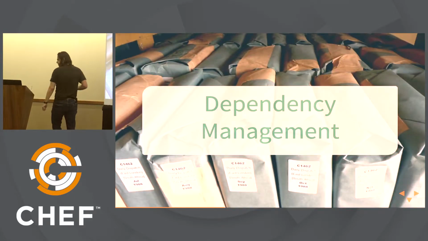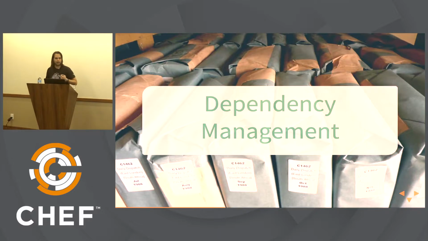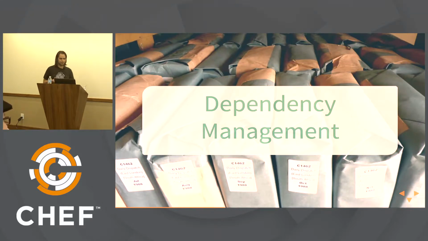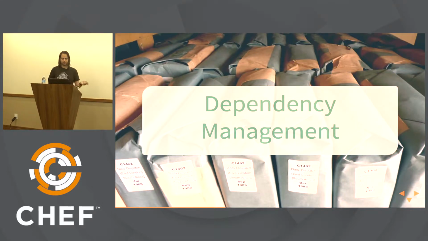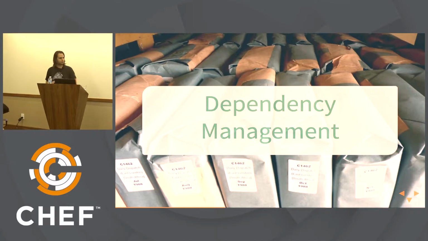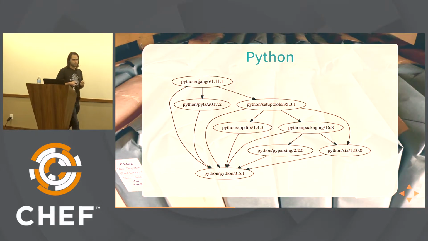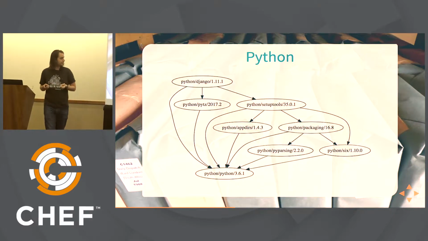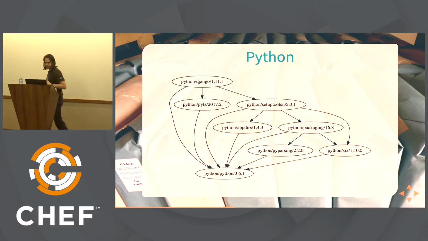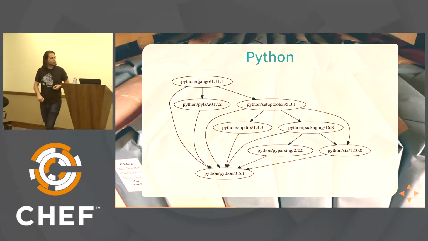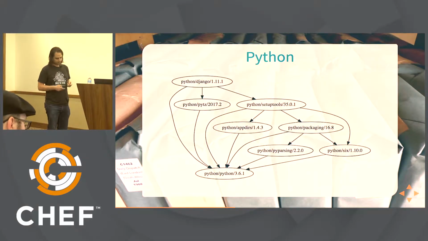Now, the first thing I wanted to get into was dependency management. And we have to basically ask ourselves, how reproducible is our environment? How can we ensure our modules integrate with each other? And so if we take a look at what an existing Python pipeline looks like, when you define a requirements.txt or anything of that nature, you basically get this whole little dependency graph. You start out at Python down here, and then you work your way up.